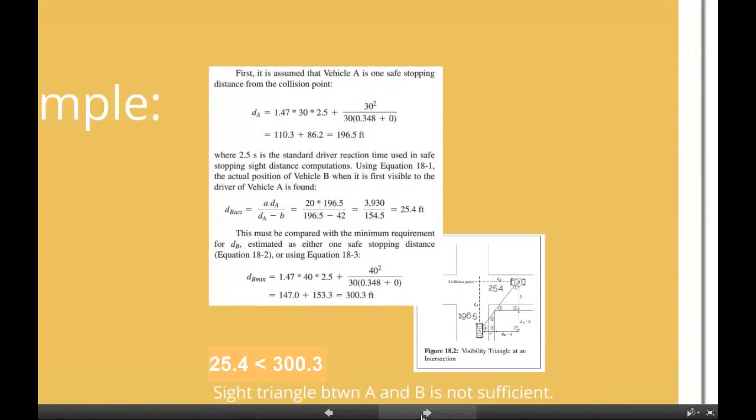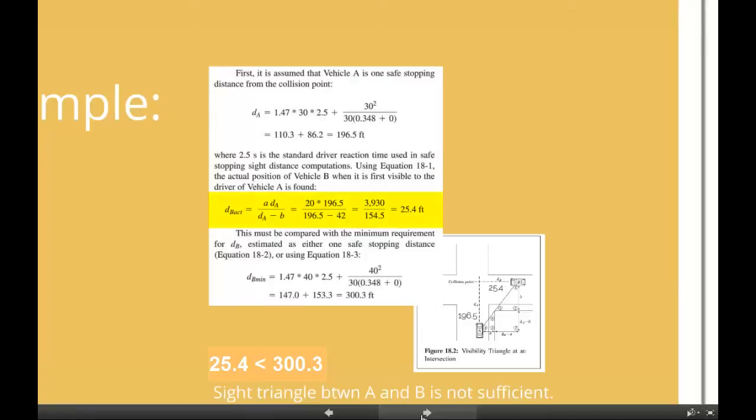Step 1. Assume A is one safe stopping distance from the collision point. A's stopping distance is computed here to be equal to 196.5 feet. That means that during the time it takes to perceive, react, and decelerate to 0, A travels that distance.